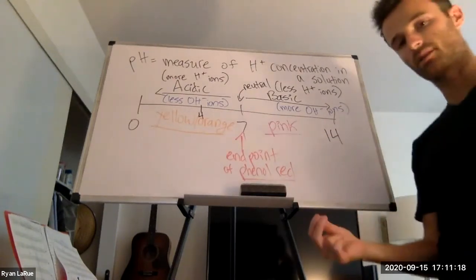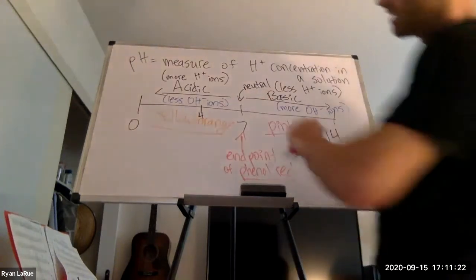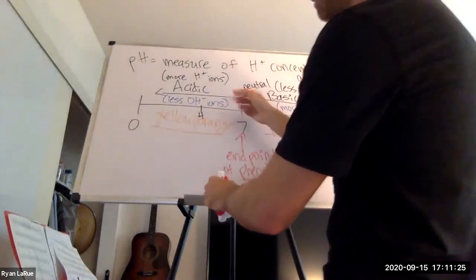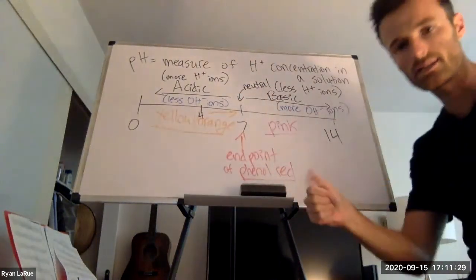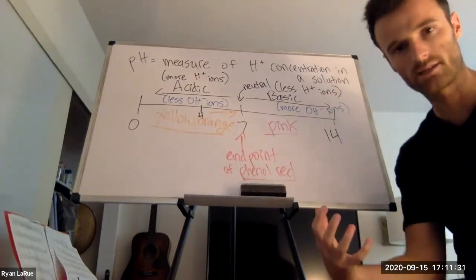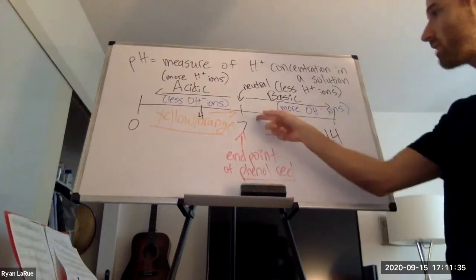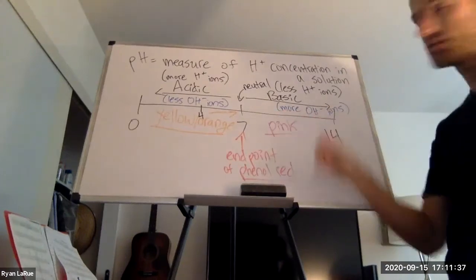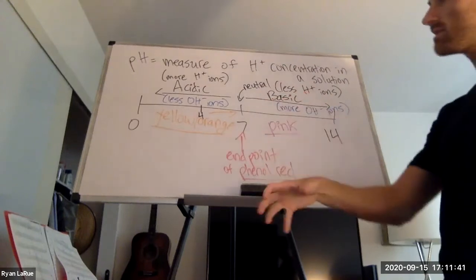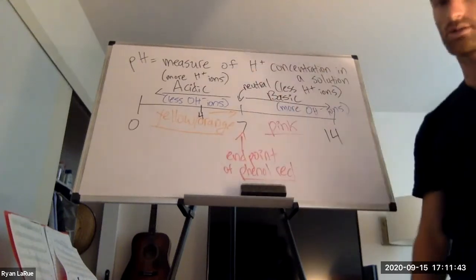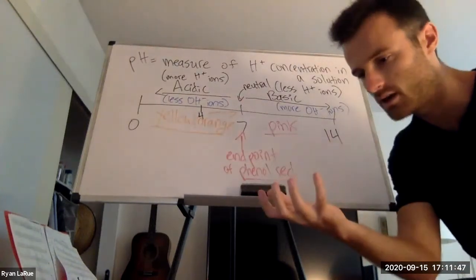Because as we raise the pH from 4 to 7, adding base neutralizes the acid. Bases give you a higher pH. It's going to increase the hydroxide ions, decreasing the hydrogen ions. But importantly, we're going to increase that pH and watch the color.